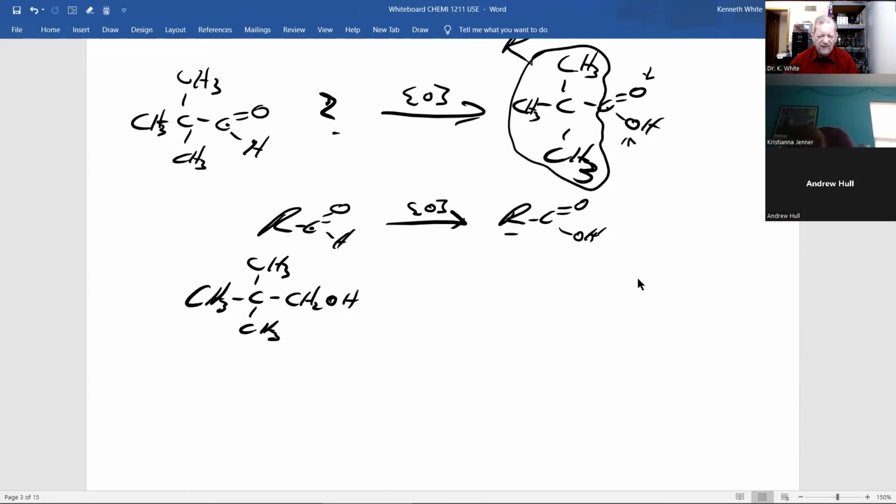And remember earlier I showed you can oxidize a primary alcohol to get the same product. So I wouldn't put that on a test because that's not fair to you, but in practice, it's good. All right, let's continue on.